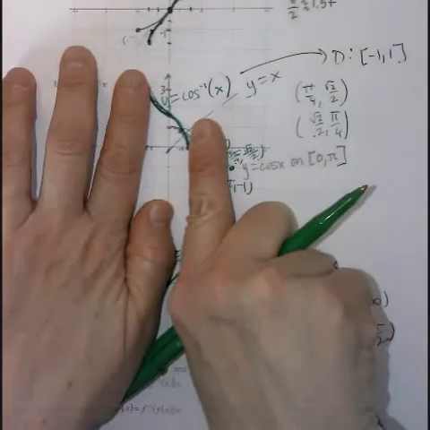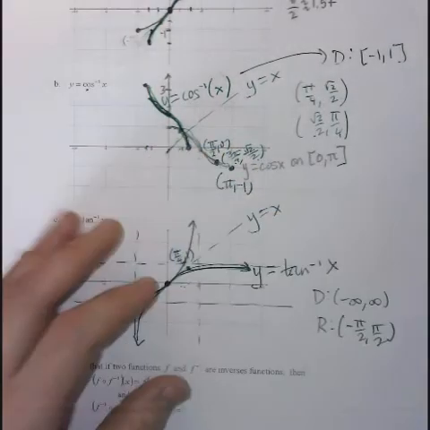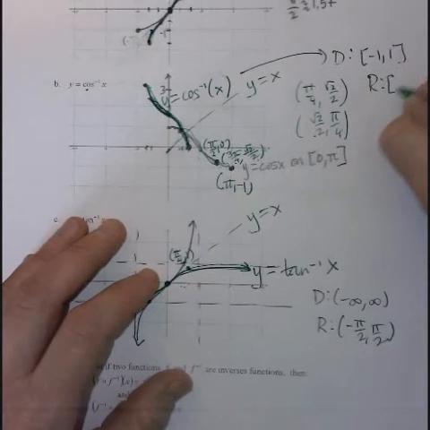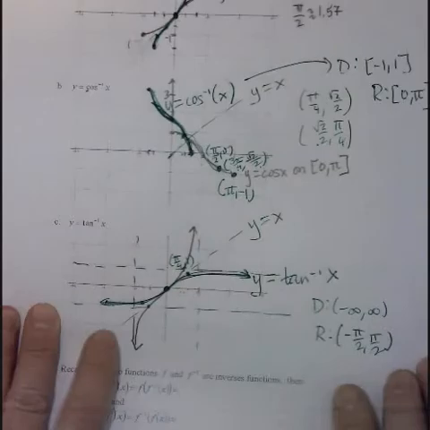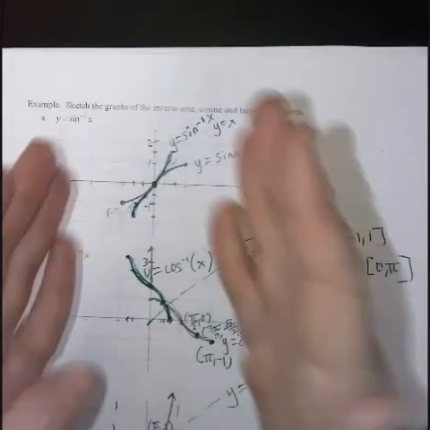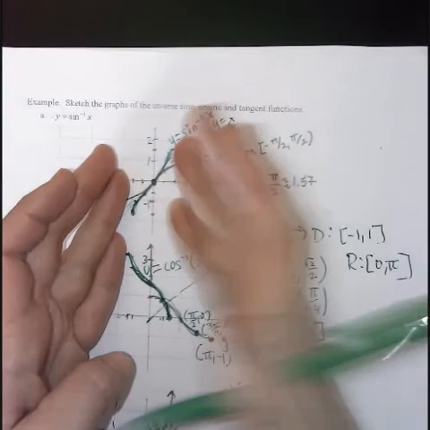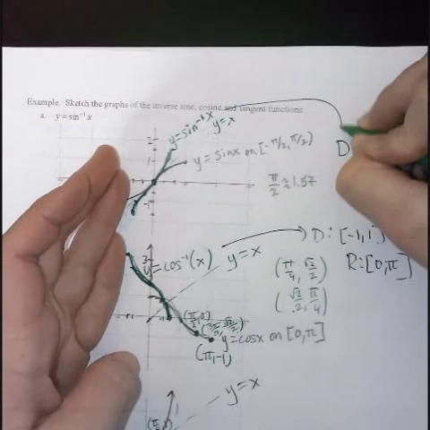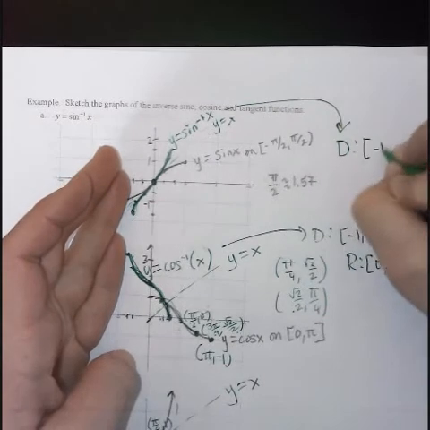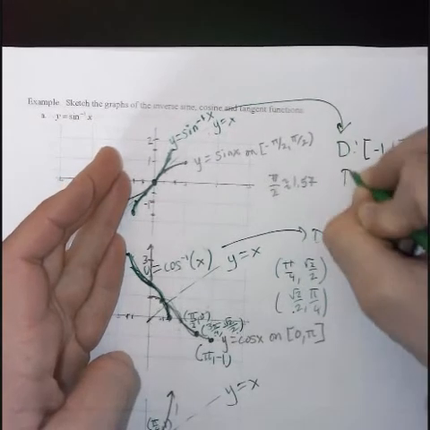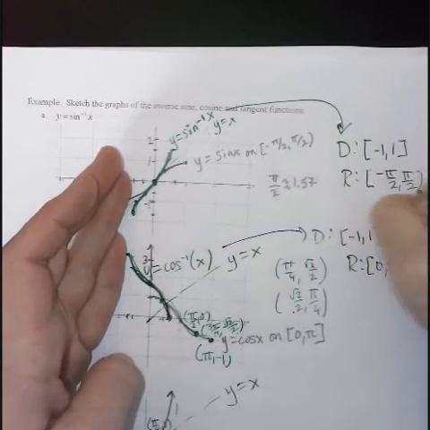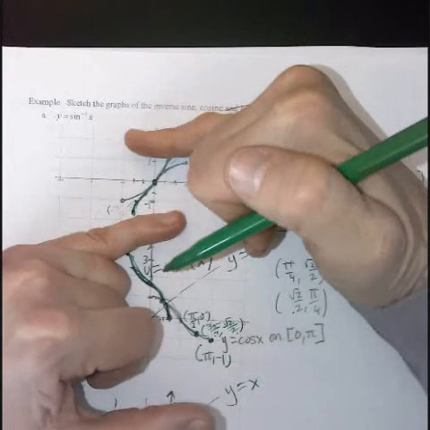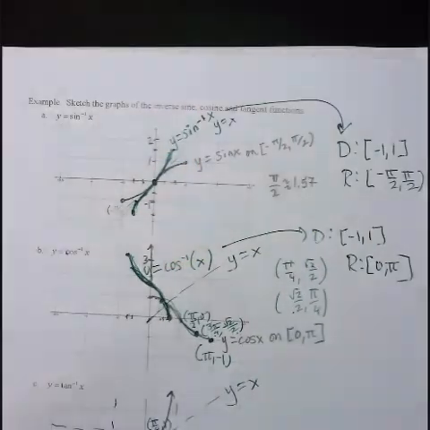And then the range is 0 to pi. And then for sine inverse, domain is again negative 1 to 1. Range is negative pi over 2 to pi over 2, from here to here. Okay.